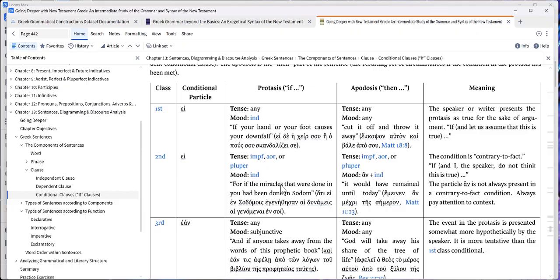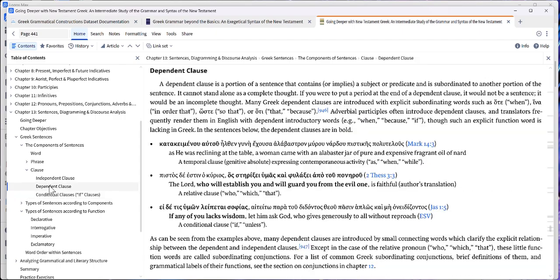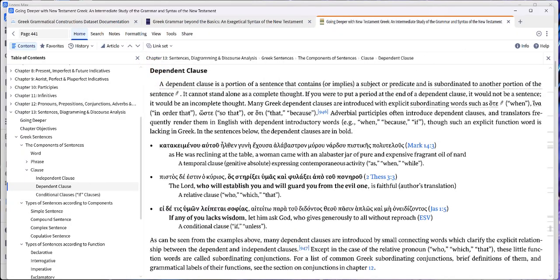A contrary to the fact condition: always pay attention to context. So this doesn't get into a whole lot. Wallace here gives a whole lot better information.